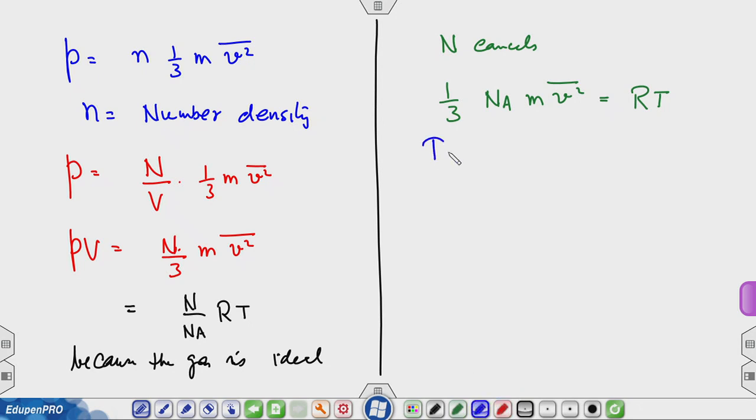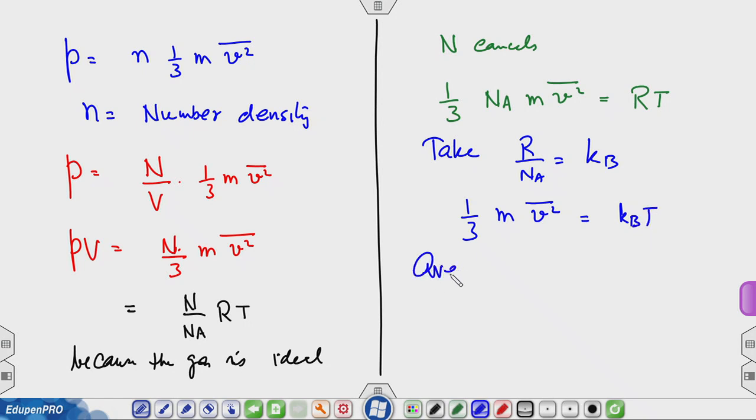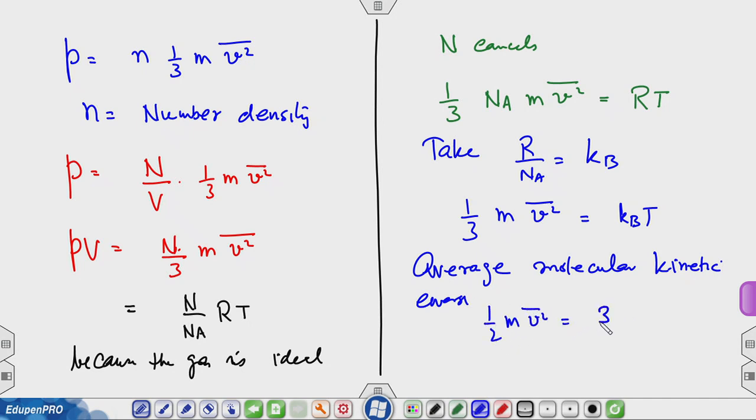Now take R over Na to be k Boltzmann, and you get 1/3 m v square bar equals kBT, and therefore average molecular kinetic energy, 1/2 m v square bar, equals 3/2 kBT.